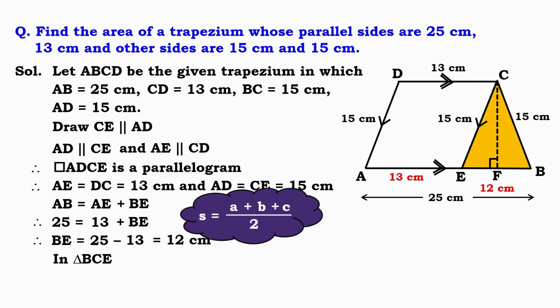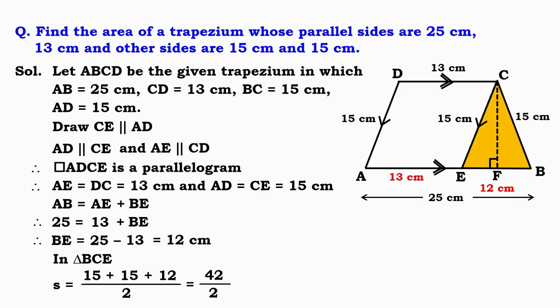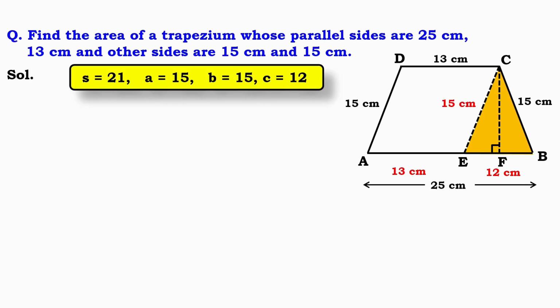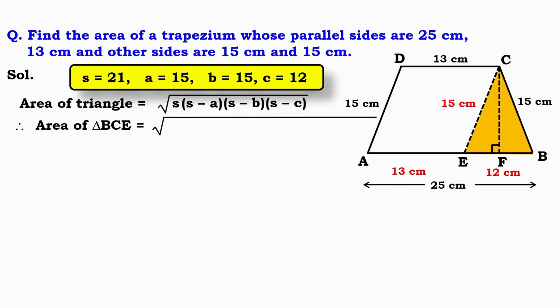First we need to find the semi-perimeter, that is a plus b plus c by 2. So that is 15 plus 15 plus 12 by 2. This 42 by 2 means 21 centimeter. Now area of the triangle will be square root of S into S minus A into S minus B into S minus C using Heron's formula. So area of triangle BCE will be equal to 21 into 21 minus 15 into 21 minus 15 into 21 minus 12.